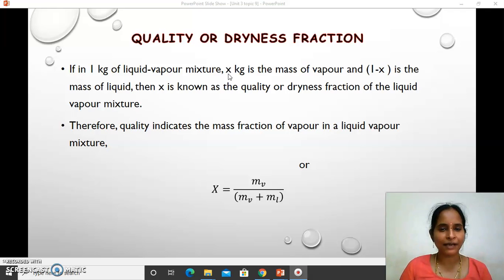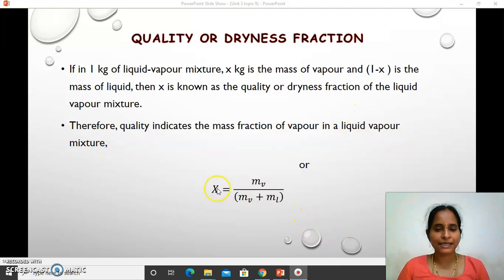So 1 minus x is the mass of the liquid, right? That x is the quality or the dryness fraction. So it is called the dryness fraction of the liquid vapor mixture, and this indicates the mass fraction of vapor in the total liquid vapor mixture.